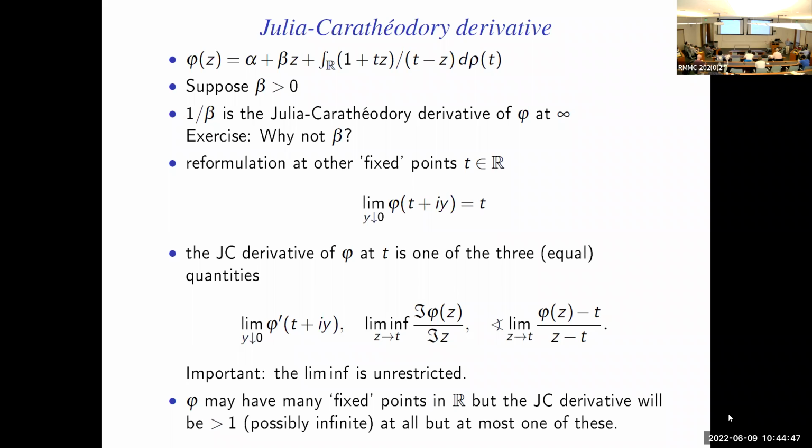The point where the derivative is less than or equal to 1 is an attractive fixed point. The iterates converge to that point. They cannot converge to 2 points. So there'll be at most 1 point where the derivative is less than or equal to 1.